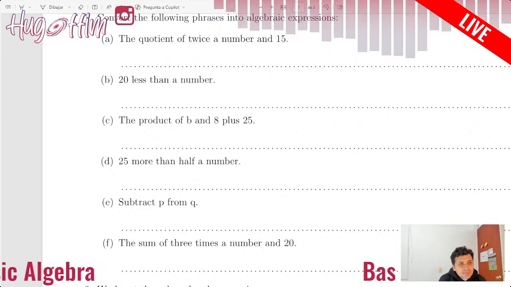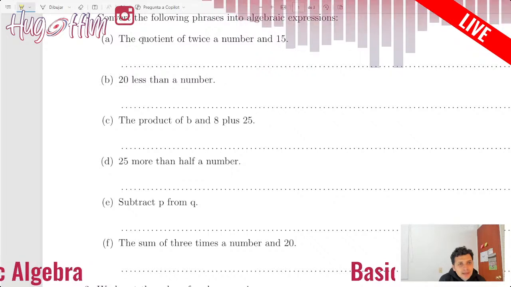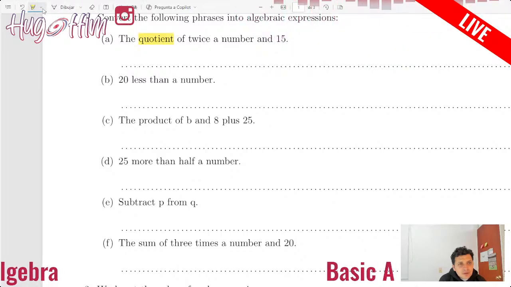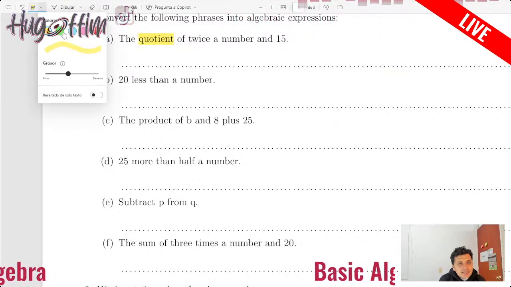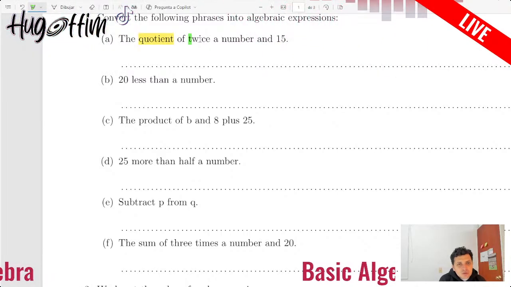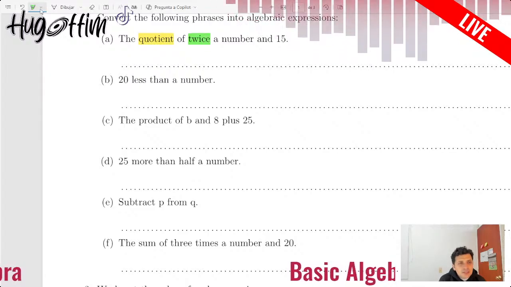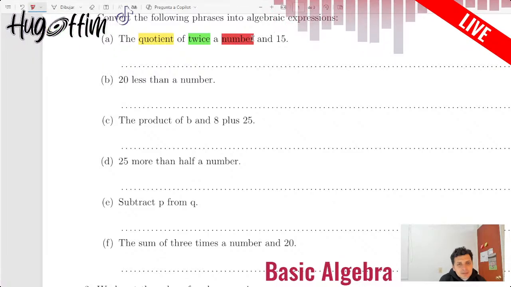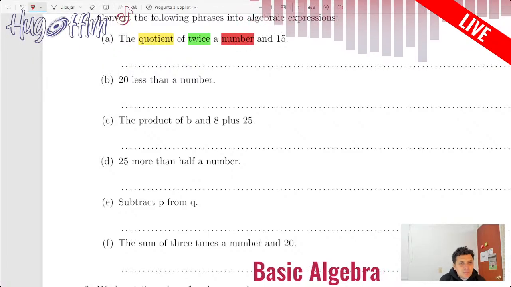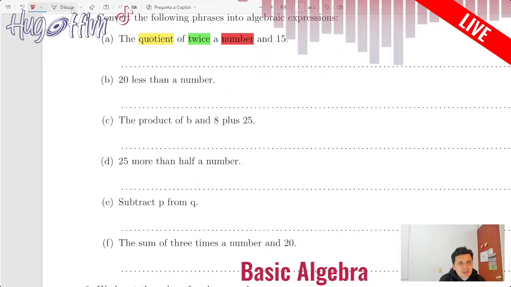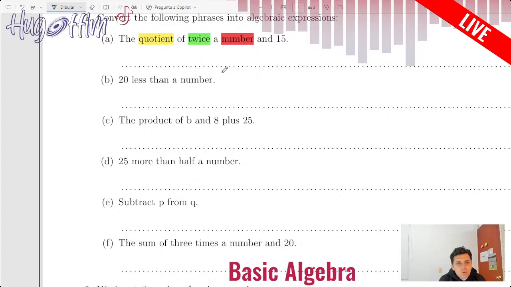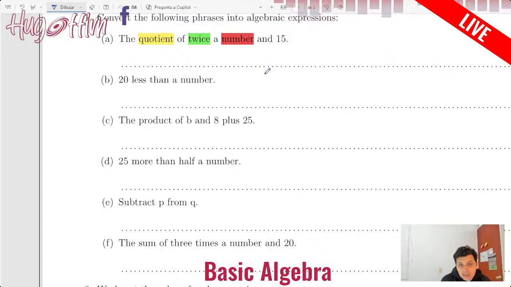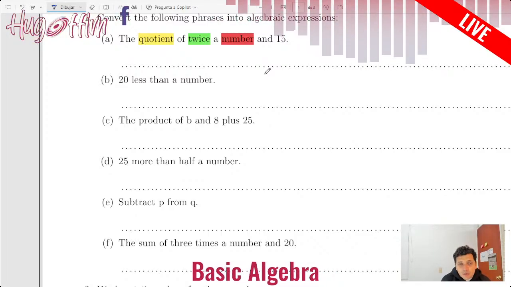In this case, I can see that the word quotient refers to an operation, and the word twice refers to an operation, and the word number refers to a variable. So I have here three words that help me know what I'm doing: the quotient is an operation, twice is another operation, and a number is a variable.